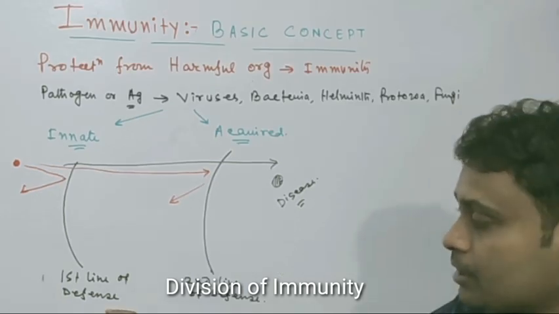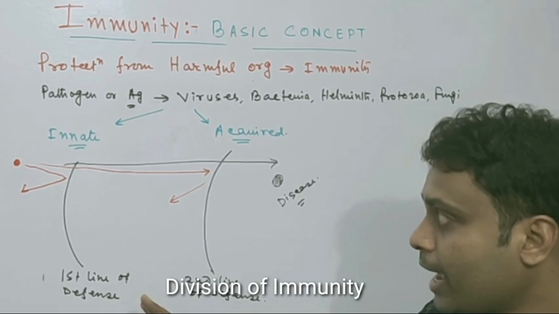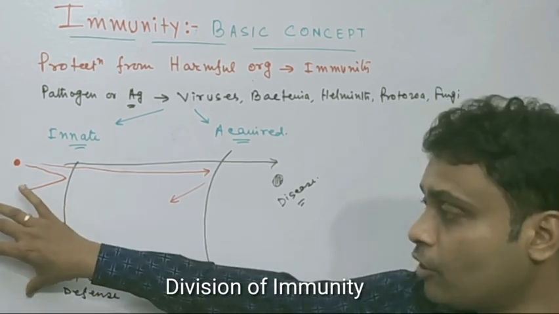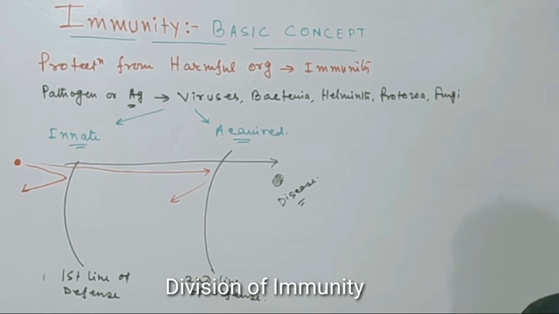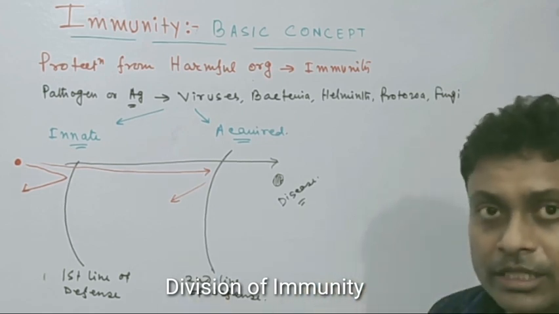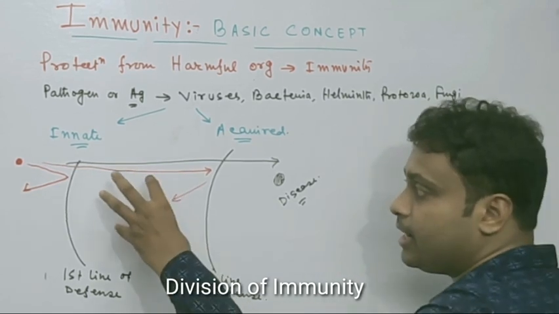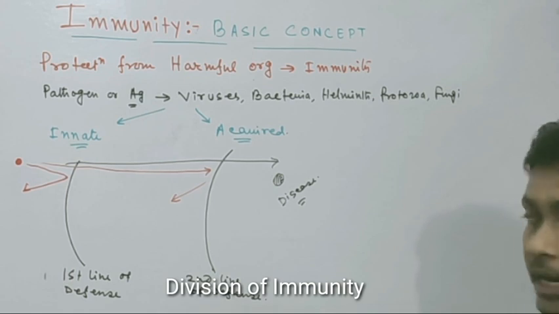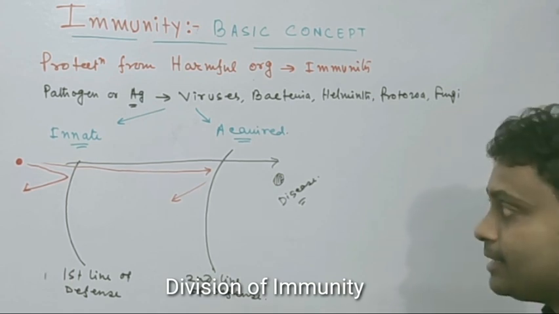So innate immunity is the first line of defense, and when any pathogen or harmful organism tries to cross this line, most of the antigens or pathogens are killed in this line. But if they cross this line, they will enter into the second line of defense, and many antigens or pathogens will be killed in this line.